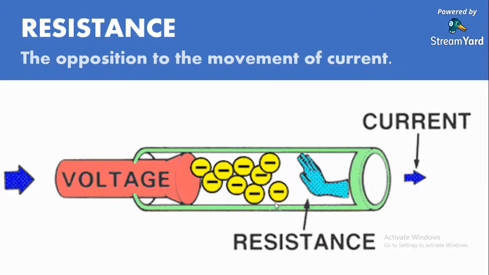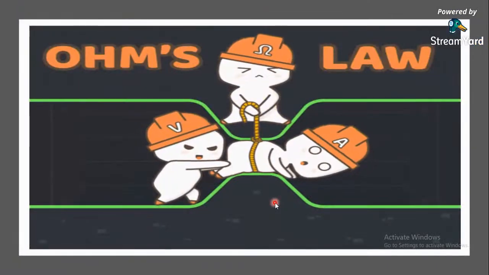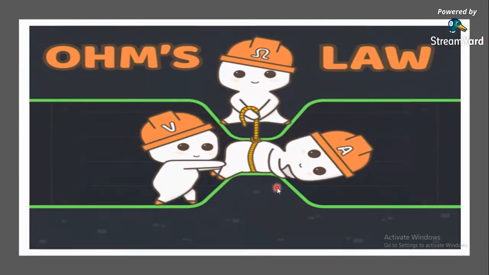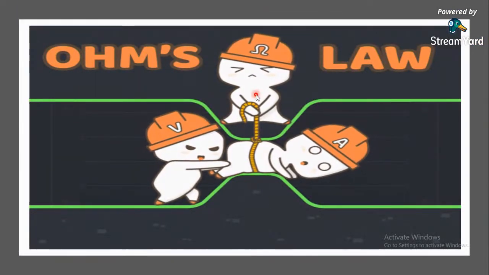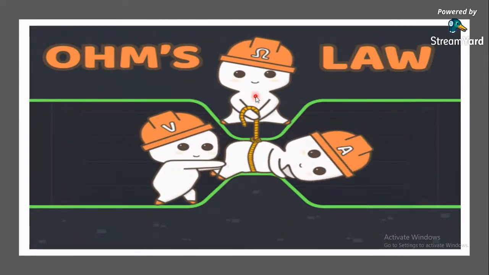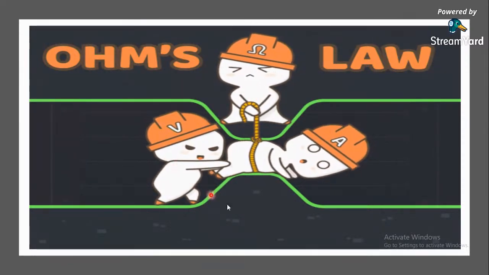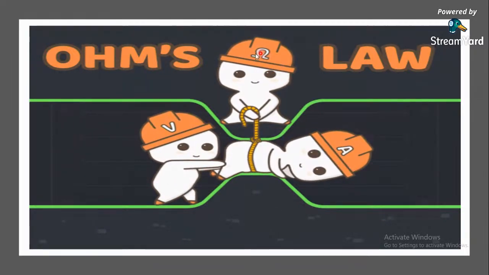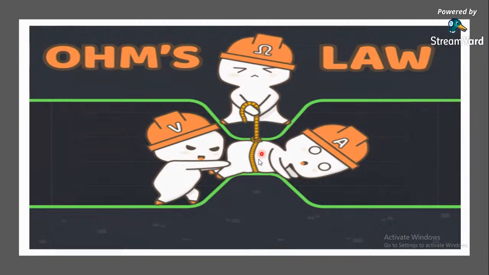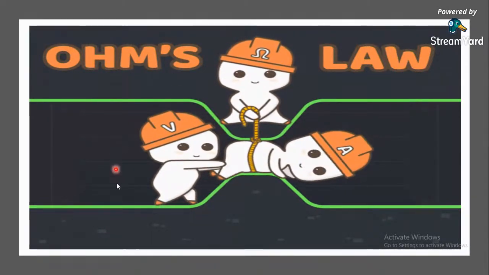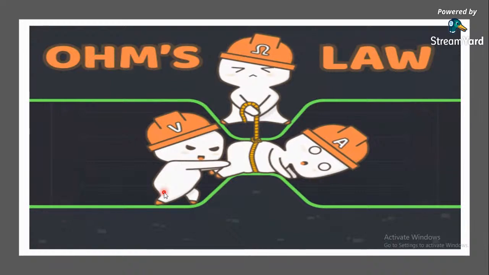Now, kung susumahin natin or isa-summarize natin, so I have here the example of Ohm's law. So I have here the illustration. So ano ibig sabihin ng illustration na to? So this illustration shows the relationship of the voltage, the resistance, and the current. Katulad ng sinabi ko, the voltage is the electric pressure.